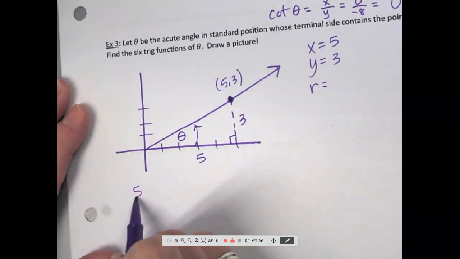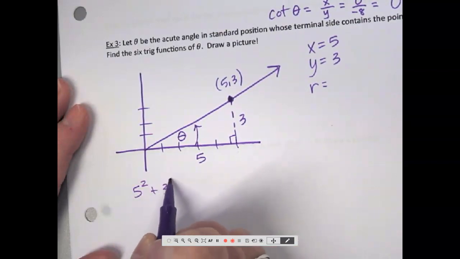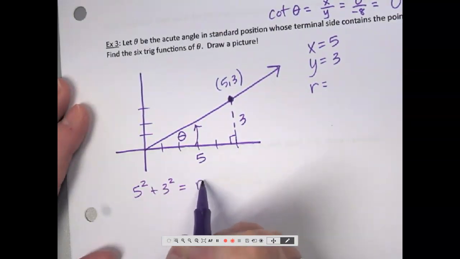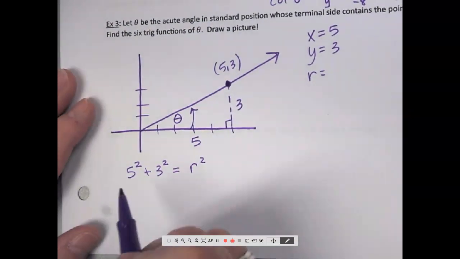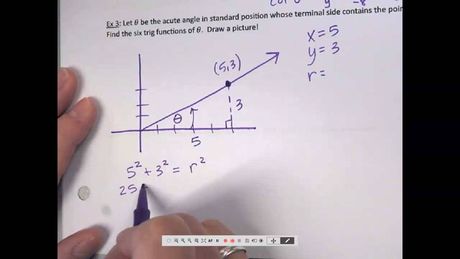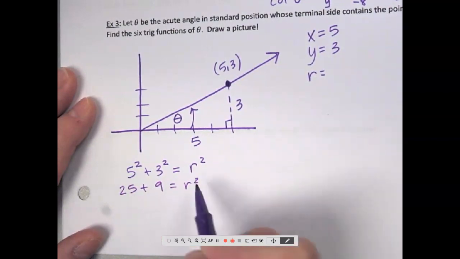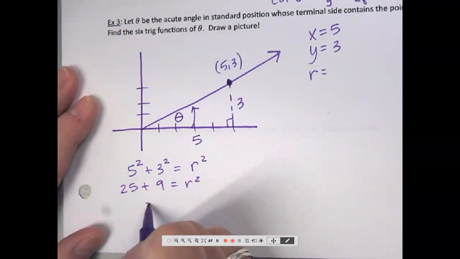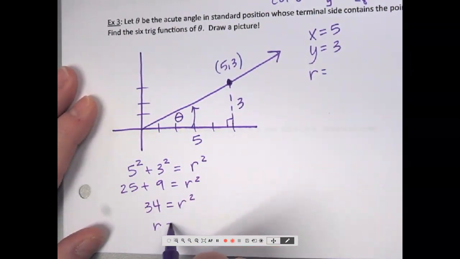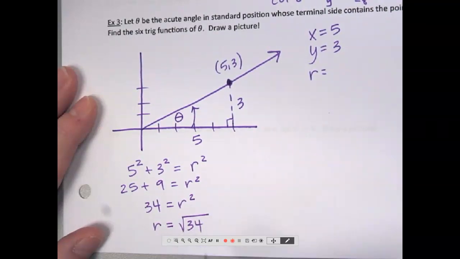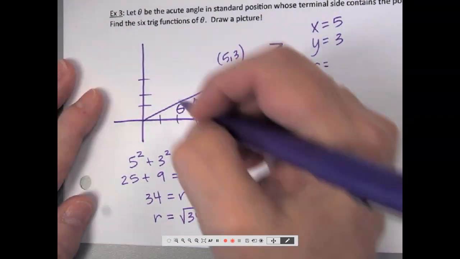So we're going to say 5 squared plus 3 squared equals, I'm going to call it r squared. If you use c squared, that's perfectly fine too. 25 plus 9 is r squared. 34 is r squared. So what is r? Square root of 34. It doesn't simplify, so we're just going to leave it like that.